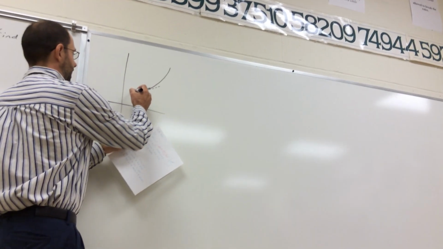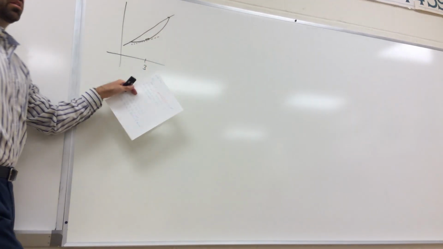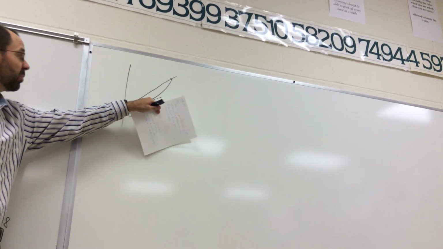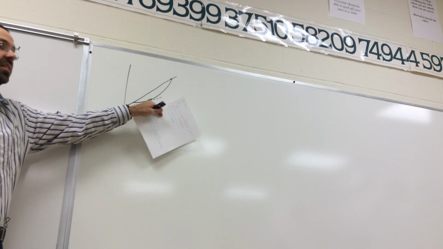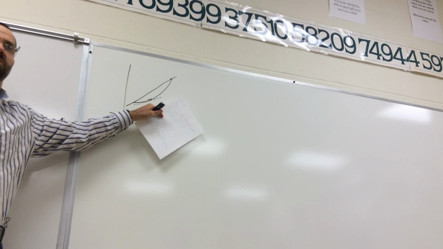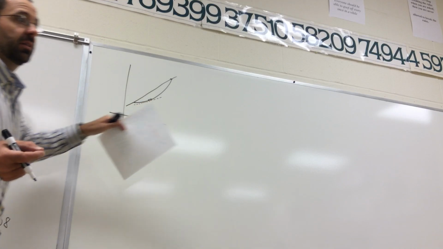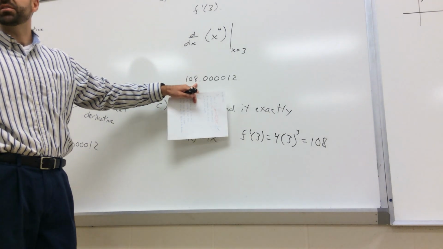If you picked points way out here for your average rate of change, then the average rate of change there would be radically different than the slope of the tangent line. But if you pick points extremely close, like the calculator does, then it's very, very close to the slope of the tangent line. Okay, so that's called the numerical derivative because it's so close that it's good enough. And on the AP test, you're supposed to round to 3 decimal places.